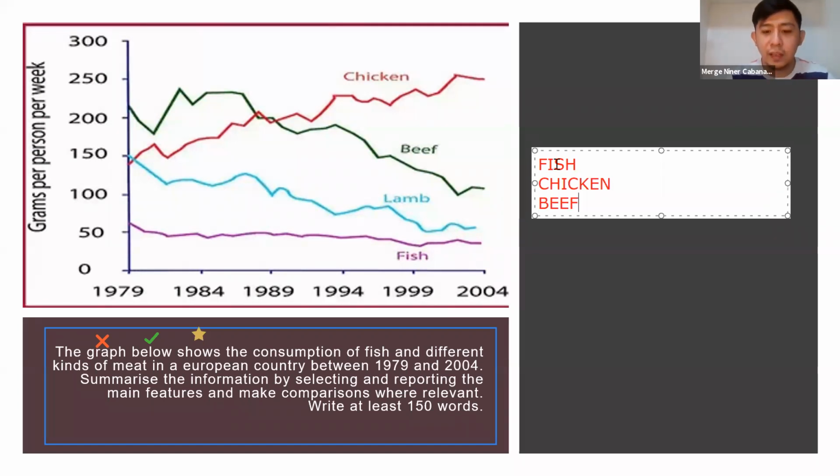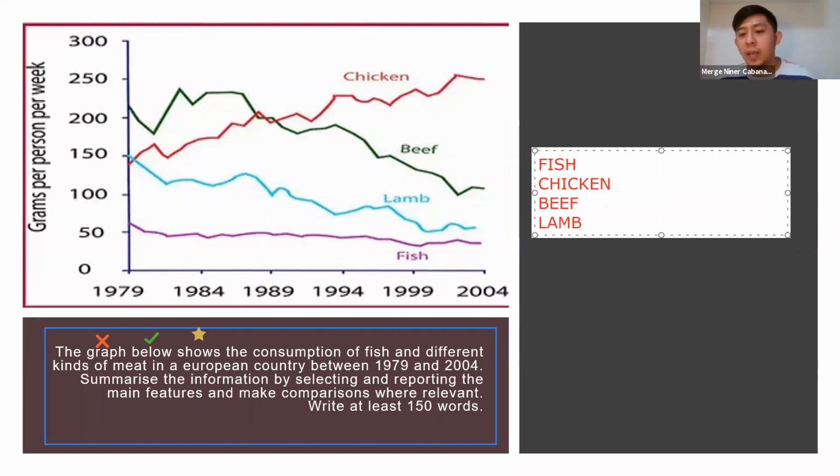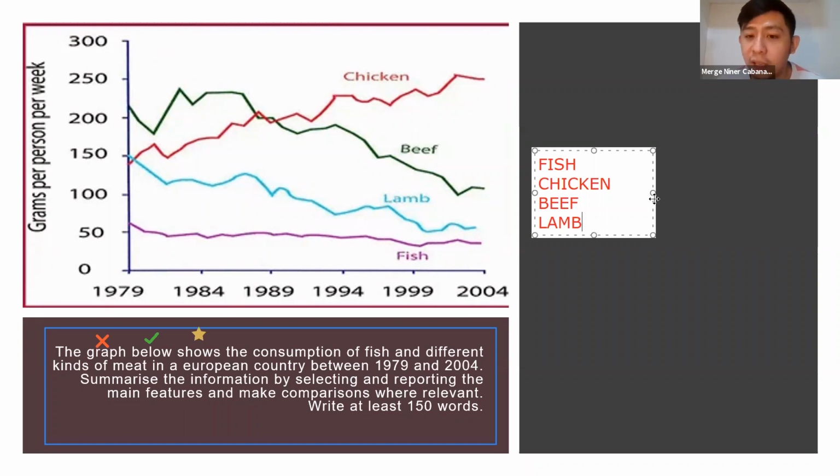Okay. Now, many students are actually asking me questions. When do I enumerate fish, chicken, beef, or lamb? Or when do I say just fish and various kinds of meat? So hear me out. If my who element is only 3 to 4, then I would say fish, chicken, beef, lamb. I can go on with that.